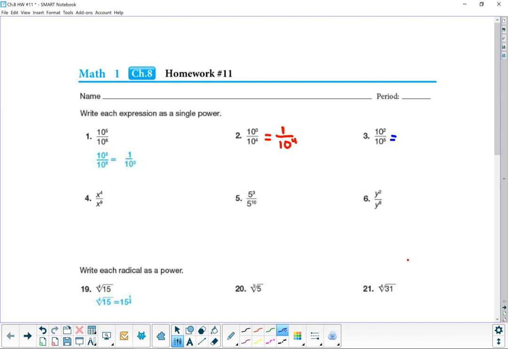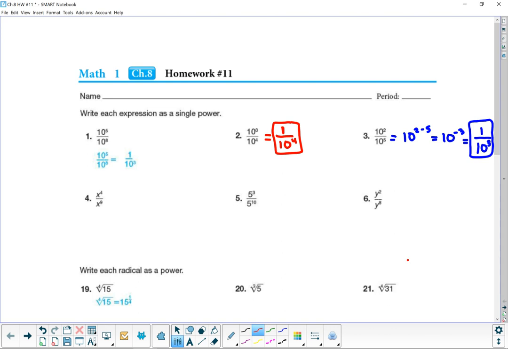If we use our quotient property, that's going to be 10 to the 2 minus 5, which is going to make 10 to the negative 3, which will make 1 over 10 to the 3rd, because that's a negative exponent. That's your answer. 1 over 10 to the 4th is also your answer for number 2.